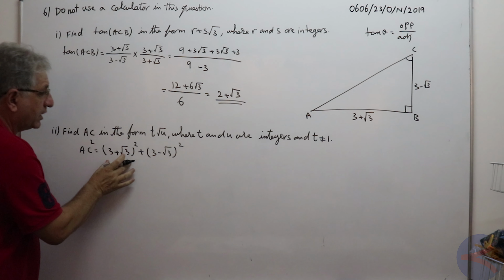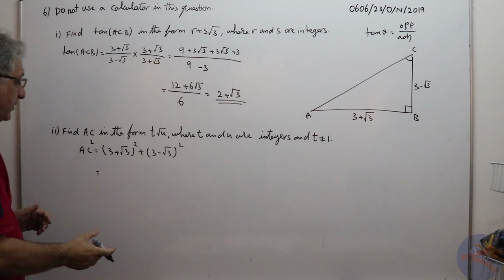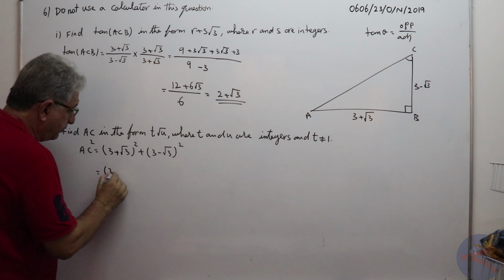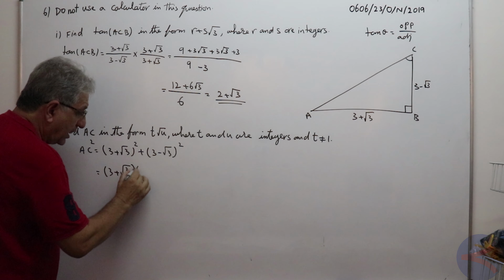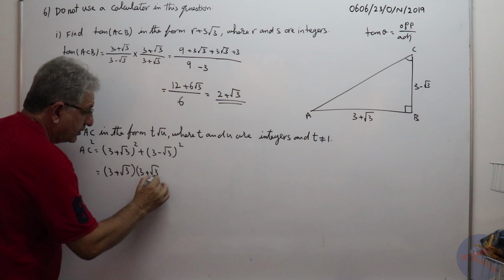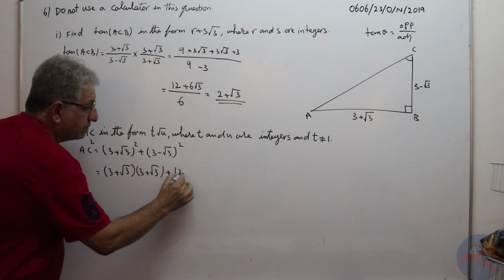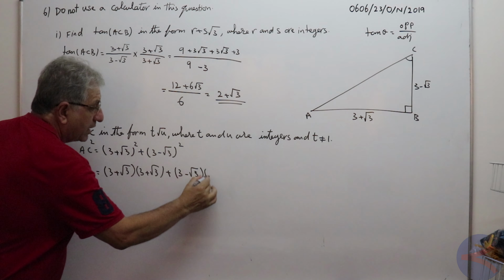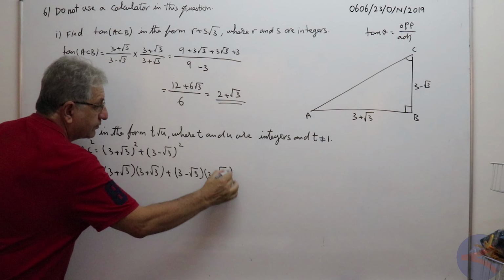Therefore, this square means this multiplied by itself. That means 3 plus the square root of 3 times 3 plus the square root of 3, plus 3 minus the square root of 3 times 3 minus the square root of 3.